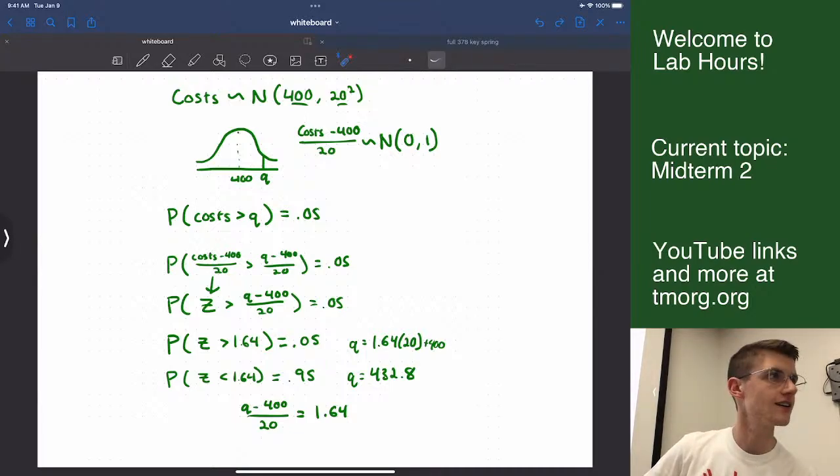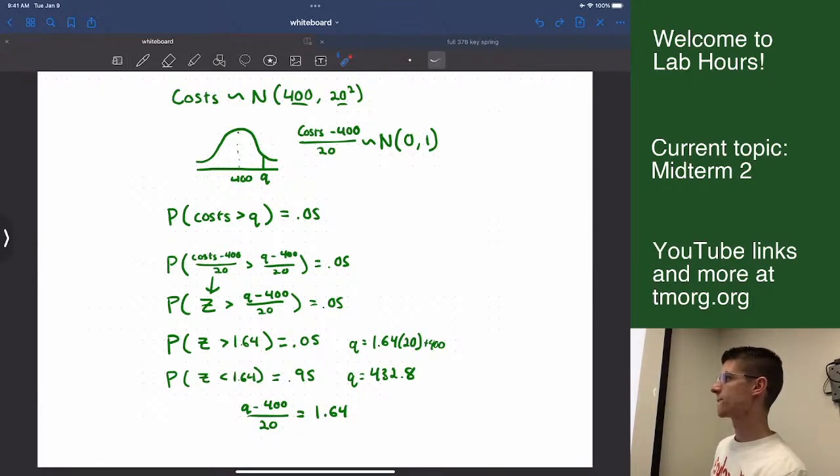Right here, yes, this is a z-score. Yes, this is a z-value. Got it. Z-scores are probabilities. I don't actually know if that's true, but just use that for now. Because actually, the z-score is probably just a z-value.